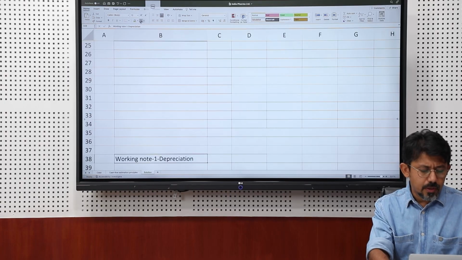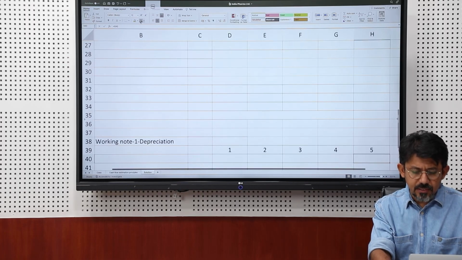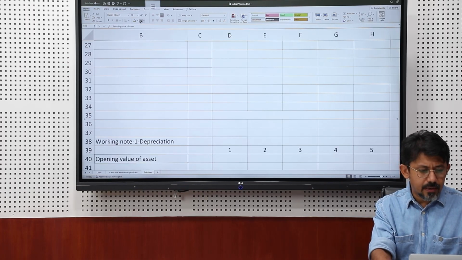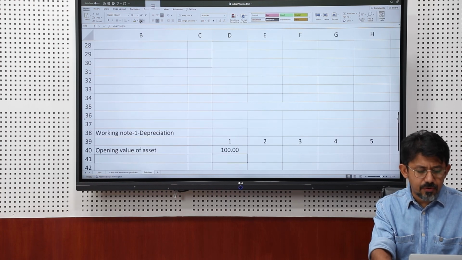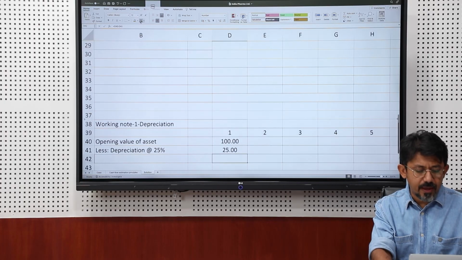We know that depreciation is going to be for 5 years, and the opening value of the asset is 100 million. 25% depreciation on that would be 25 million.